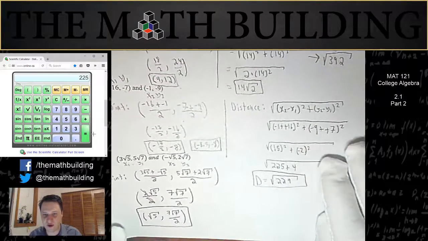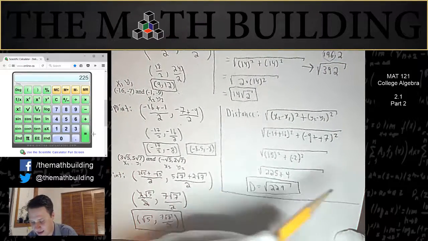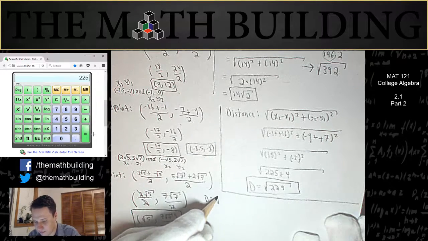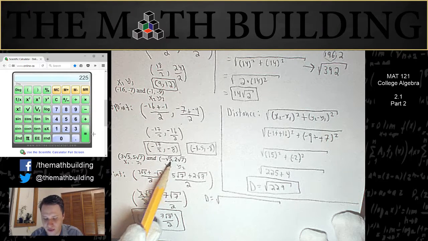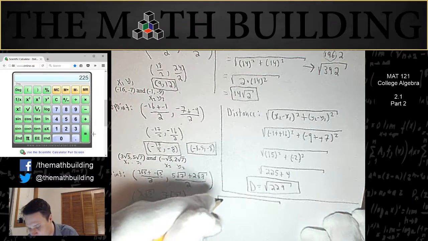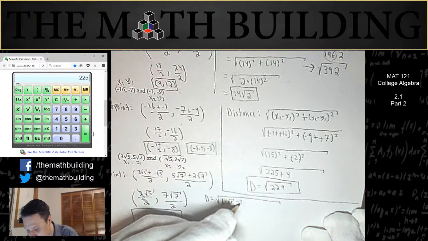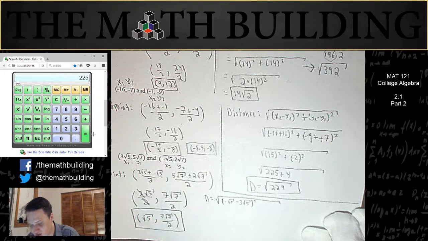All right, the distance formula is going to be a little bit trickier. So let's take a look at that. We're going to do x2 minus x1. So let's do that. Negative root 5 minus 3 root 5, and all of that is going to be squared.